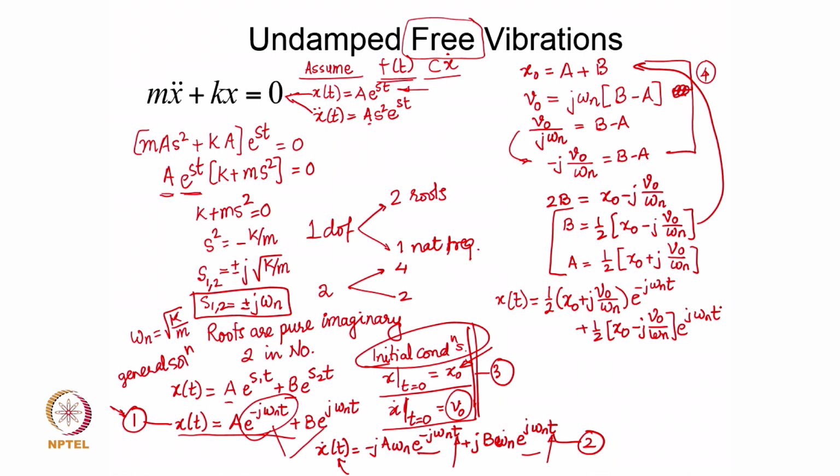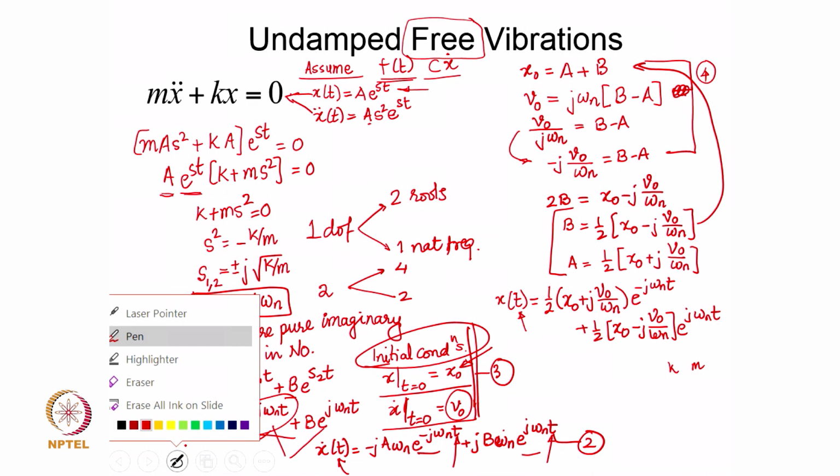Okay. Please make a note that everything will be known, because x naught and V naught are impressed, they are already known. Omega n is also known, because when you define your system, you have already defined what k is, what m is, and therefore omega n is known. So, it is just a matter of solving this to obtain the expression for x at any instant of time. It is a function of an independent variable t.